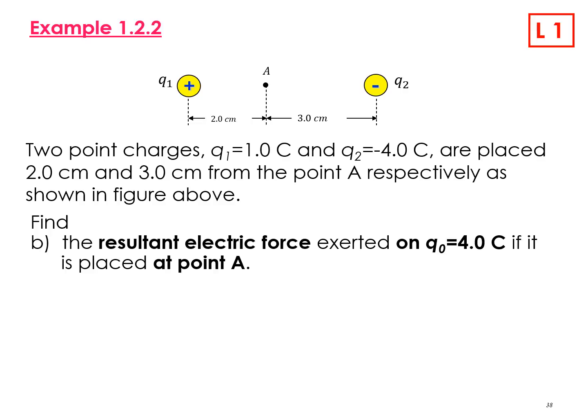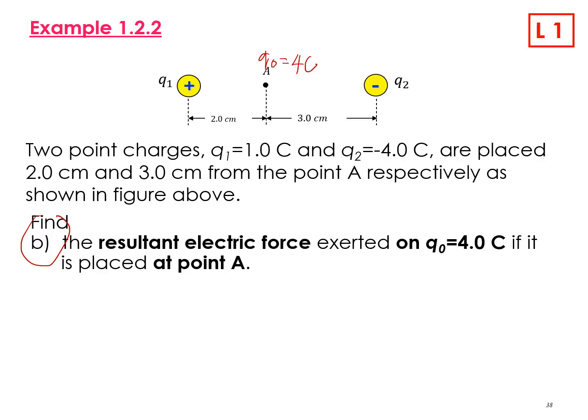Now move to part B. Part B asks you to find the resultant electric force exerted on a test charge of 4 Coulomb if it is placed at point A. In the previous example, point A was just a point. Now, point A is replaced by a positive test charge, with magnitude 4 Coulomb.